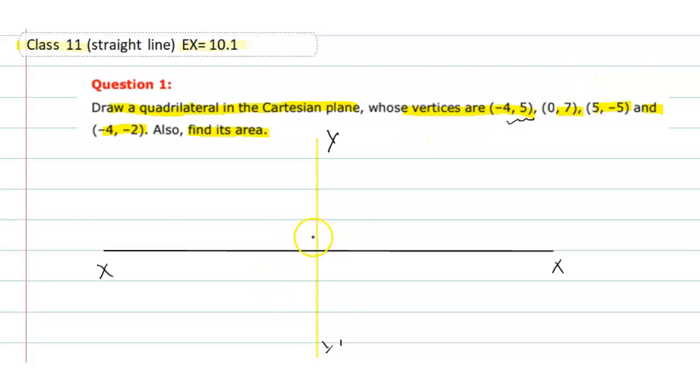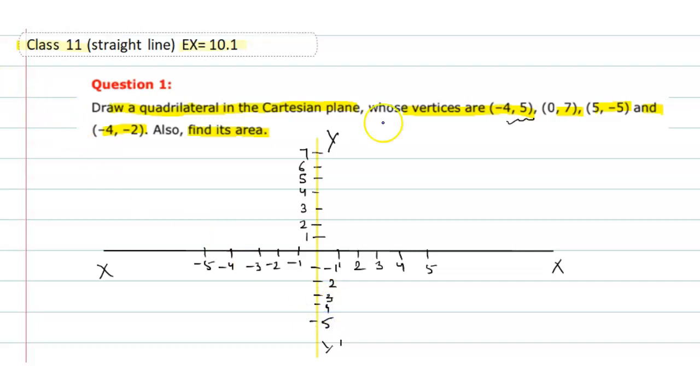So first we will mark the points 1, 2, 3, 4, 5, 6 and 7. Here is 1, 2, 3, 4, 5, and this one is the negative x-axis, -1, -2, -3, -4 and -5, and this is the negative y-axis, -1, -2, -3, -4 and -5.